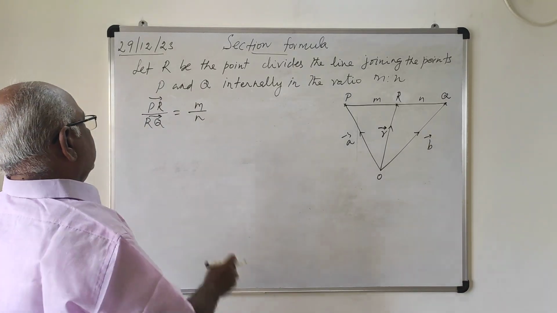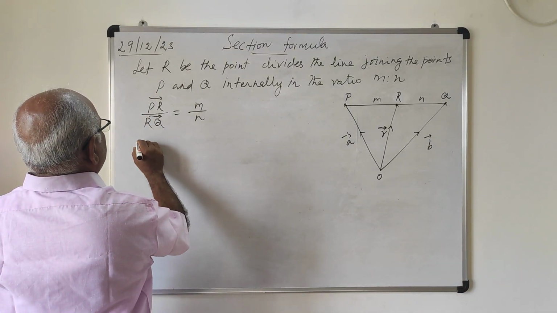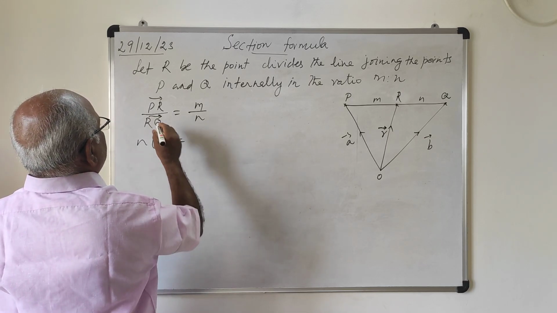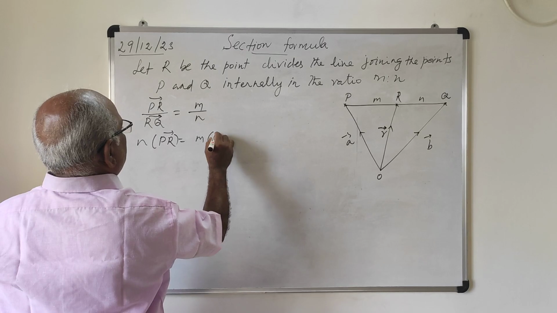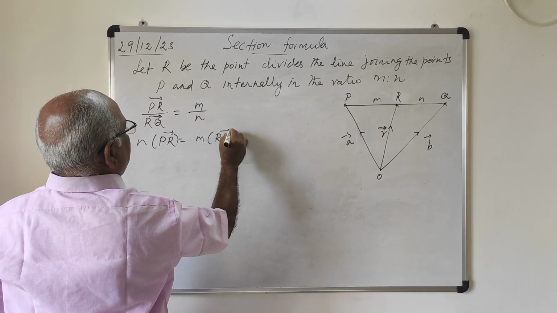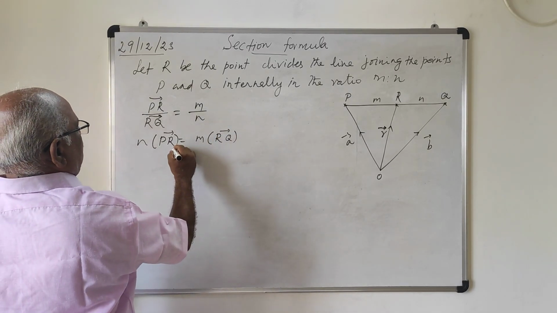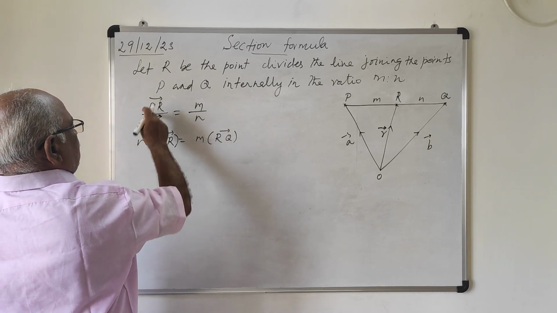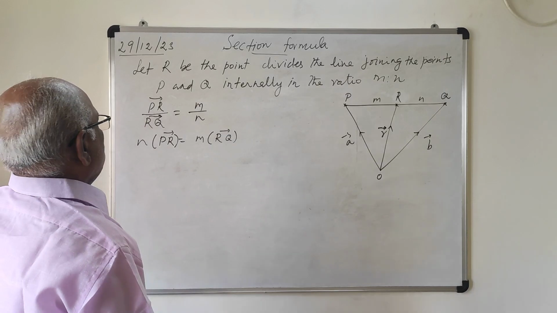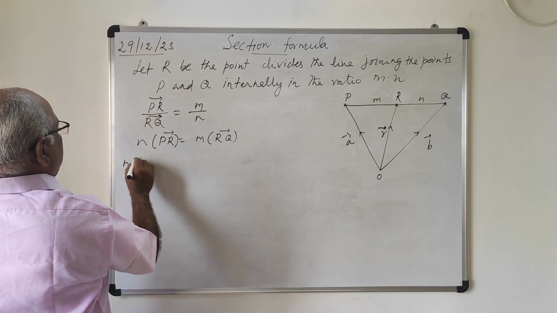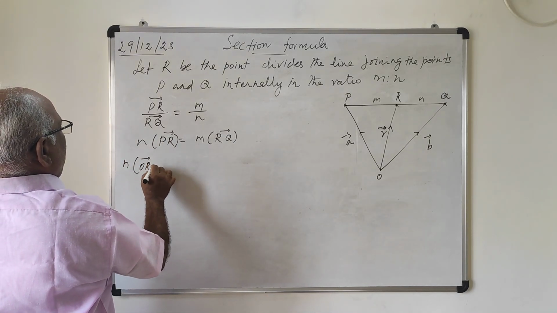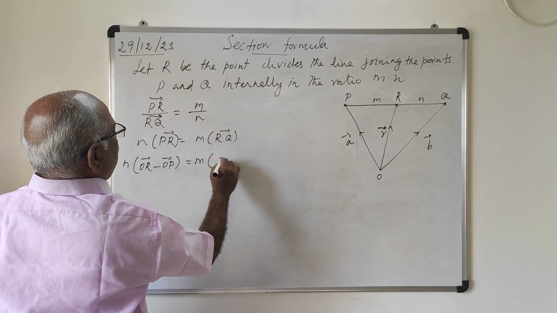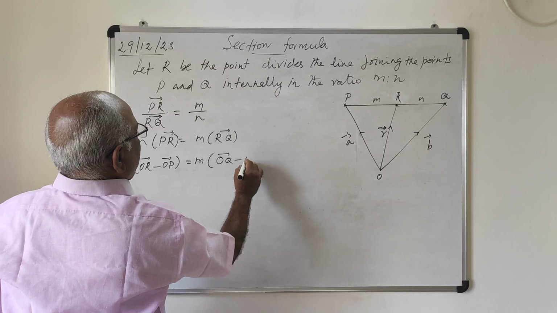By cross multiplication, n into PR vector equals m into RQ vector. You know PR is OR minus OP, and RQ is OQ minus OR.